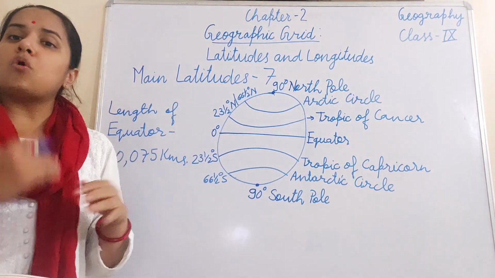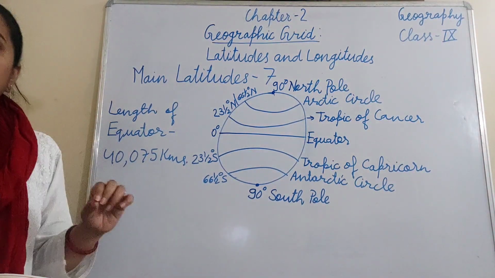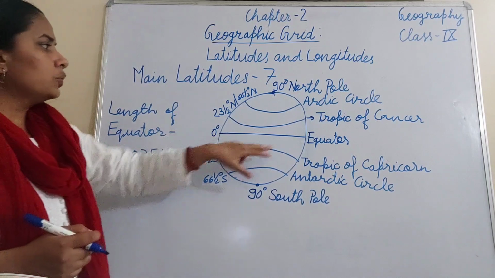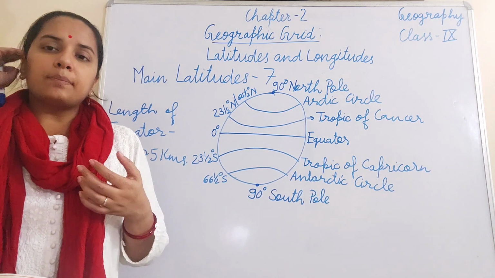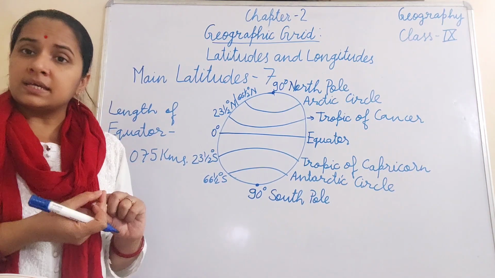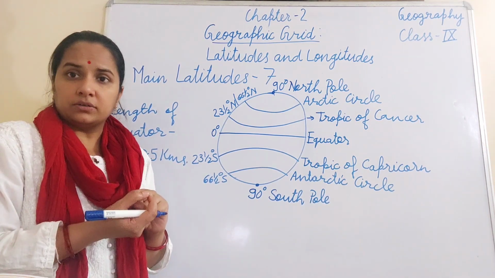Here I marked only the important latitudes, but all 181 latitudes are drawn at an angle of 1 degree each. And if we talk about the complete circle, what is the degree? It is a complete 360 degree. So what will be the distance for an angular distance of 1 degree?